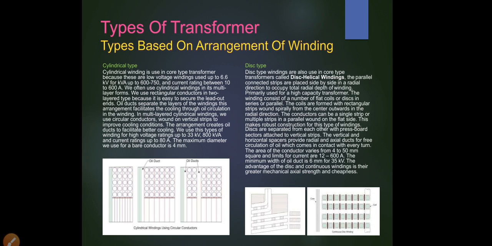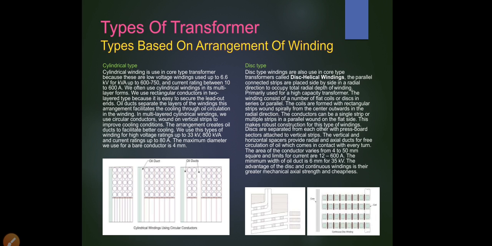Cylindrical winding is used in core type transformers, because these are low voltage windings, used up to 6.6 kV for kVA up to 600 to 750. You already know what kVA is: kVA means kilovolt amperes, the apparent power. And the current rating is between 10 and 600 amperes.